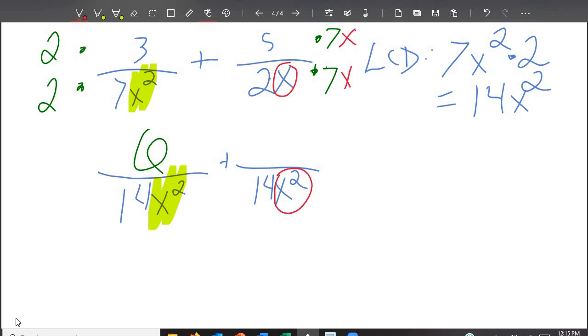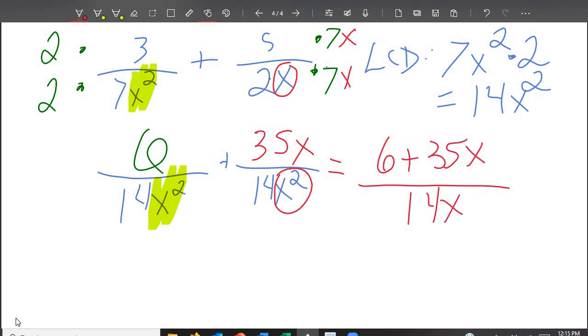So we've got to multiply the top and the bottom by another x. So we get 35x in the top. Add the numerators. And your denominator stays 14x squared. So you're always multiplying the top and the bottom by what will give you the new denominator.